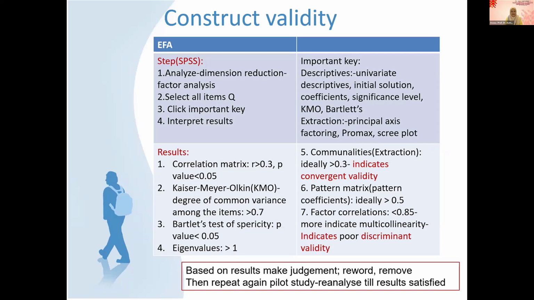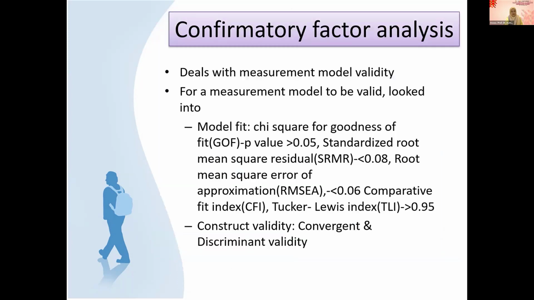So this is the basic analysis for EFA. Based on the result, you need to make a judgment whether you want to delete or reword and do it again. If you reword, you have to repeat the pilot test and reanalyze until you're satisfied. That's why it's not easy if you start from scratch in questionnaire development.